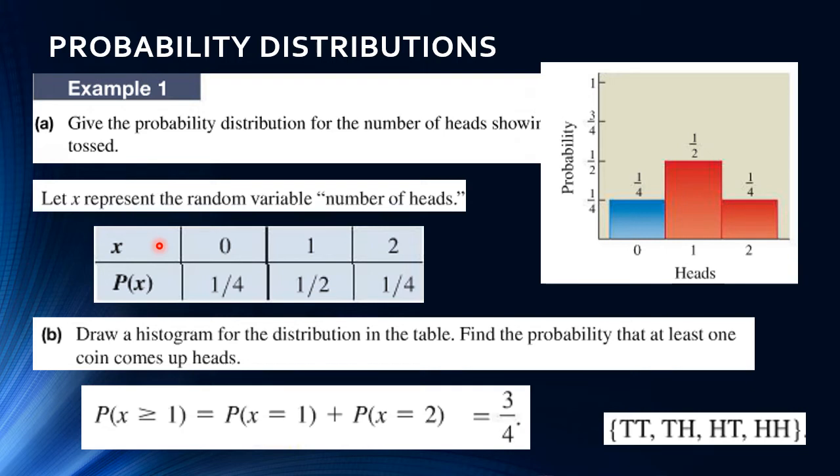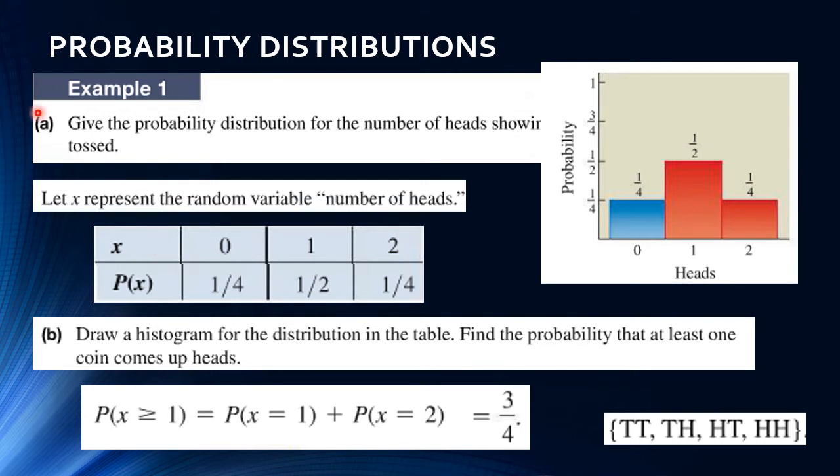It also asks us to find the probability that at least one coin comes up heads. Now be careful. Remember that when we say at least one or at most one, we have to be real specific. At least one coin comes up heads means that we either have the probability of 1 head or the probability of 2 heads.